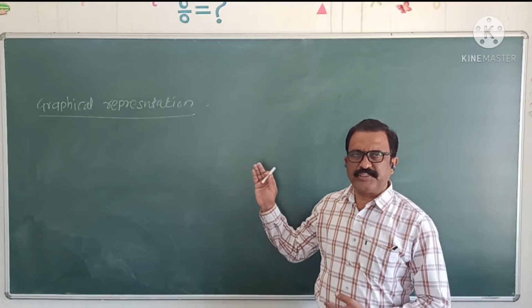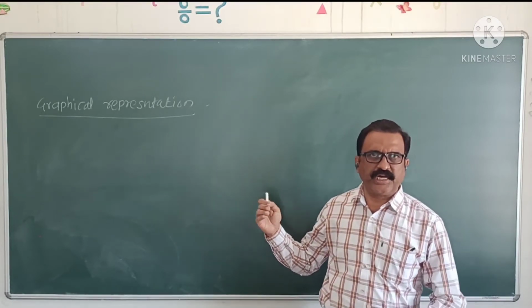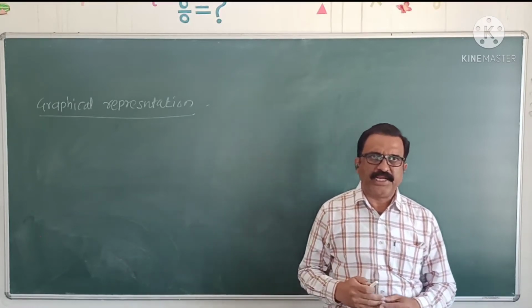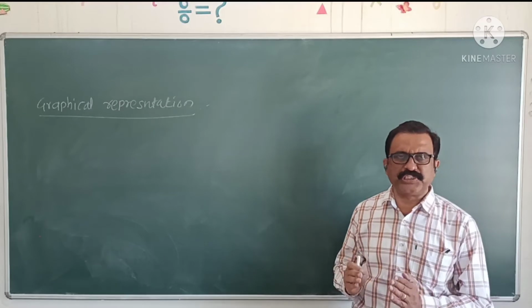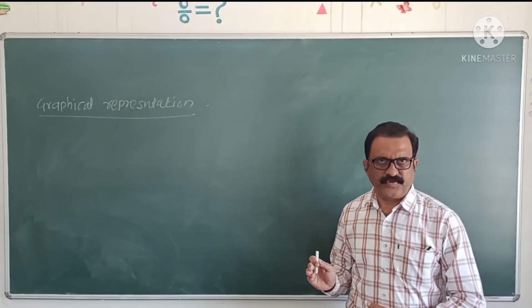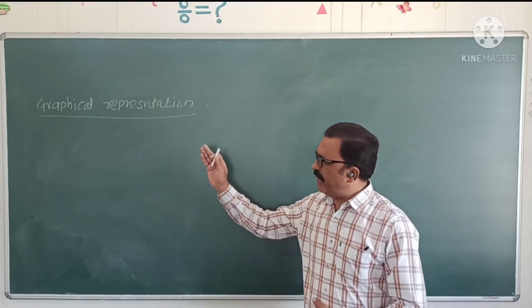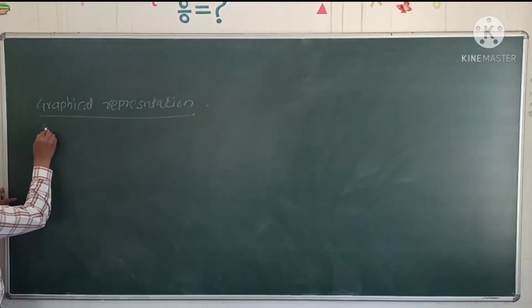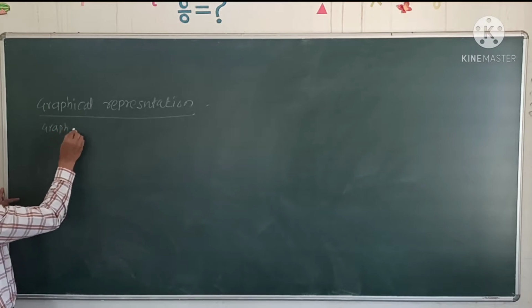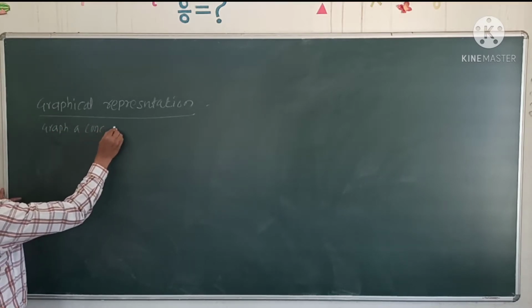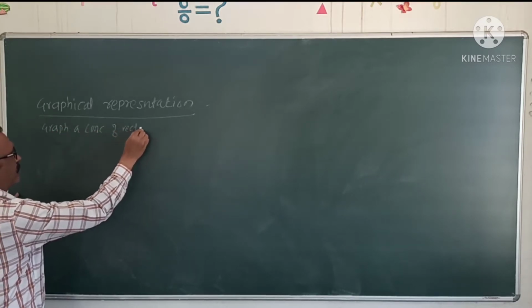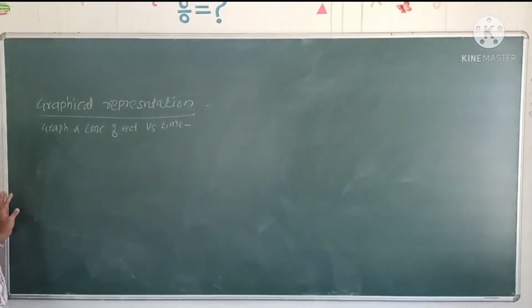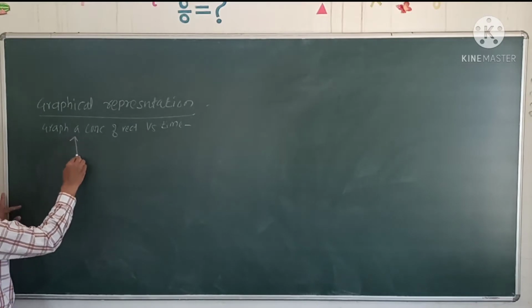Instantaneous rate means the infinitesimally small change in the concentration of any species divided by an infinitesimally small change in time. Okay. When we plot a graph of the concentration of a reactant versus time, the graph will be like this.